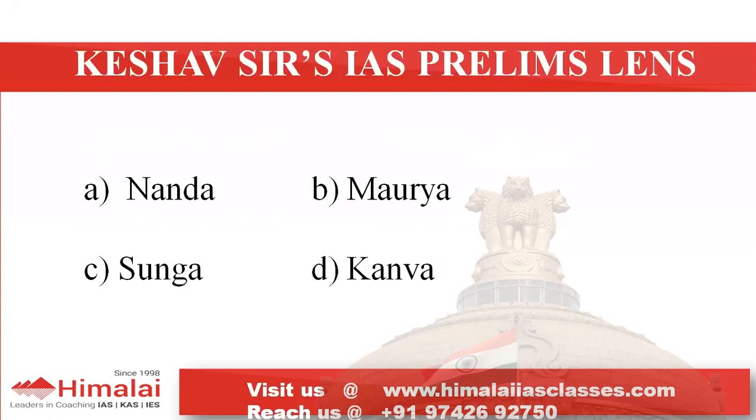Nandas at that time had such an army which created fear in the ranks of Alexander's empire that they revolted against Alexander, who wished to proceed and attack the Nandas. So, going by this understanding, option A is the right answer.